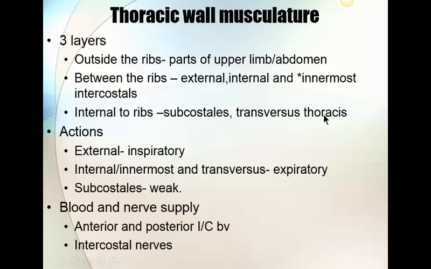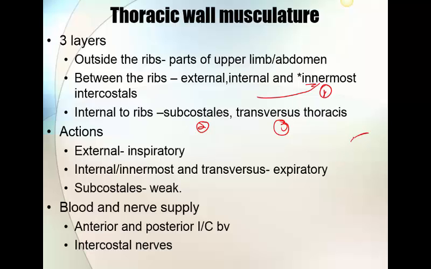The reason I have an asterisk next to the innermost intercostal is that the innermost intercostal, the subcostals and transversus thoracis are really all part of one layer. And it's kind of divided into 3 portions.